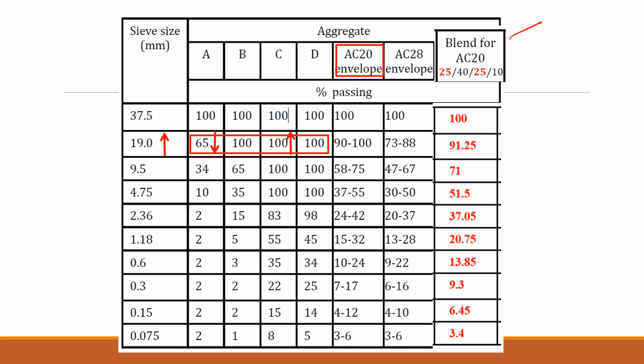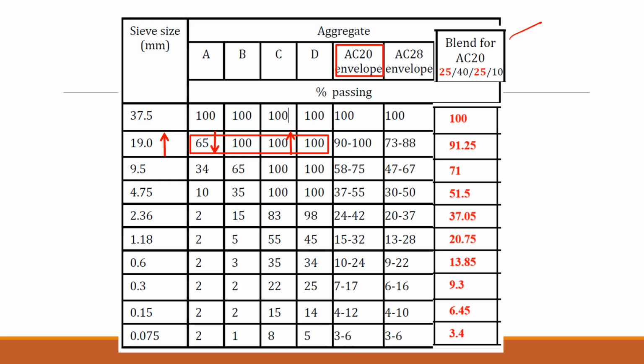Okay, so in the previous one we had 30, 40, 20 and 10. That was our trial. We just started with random trial numbers. Then we got the percentage passing for this blend, but the 19 sieve size was not okay. We wanted to increase that number for the 19 sieve.